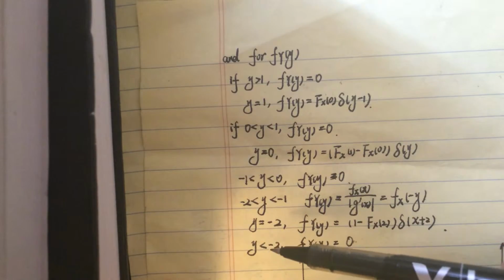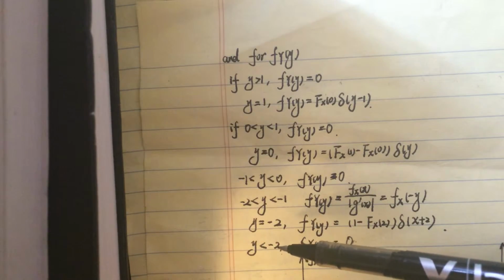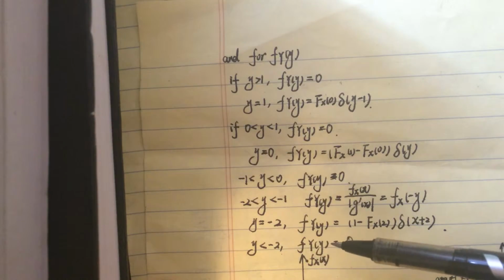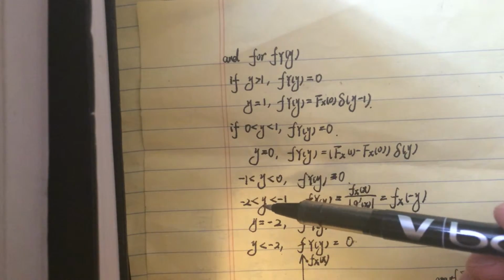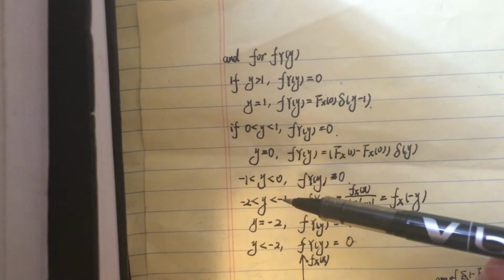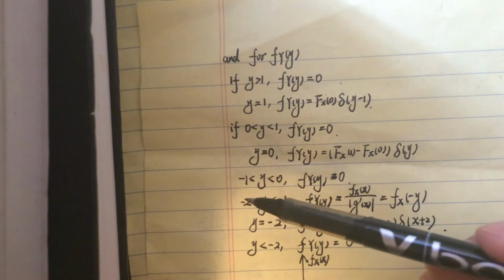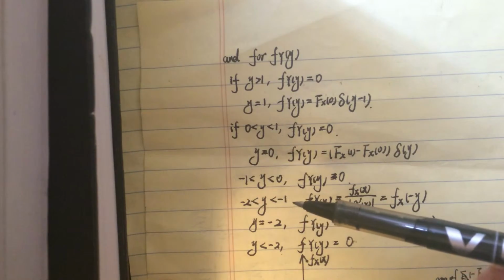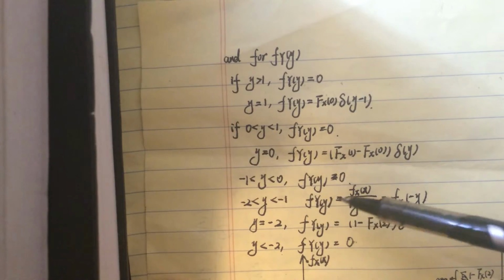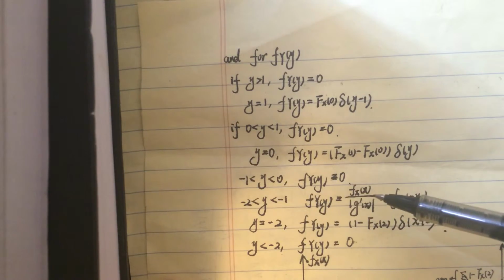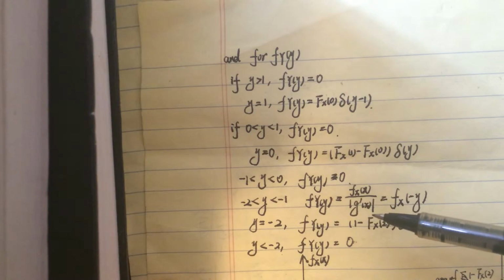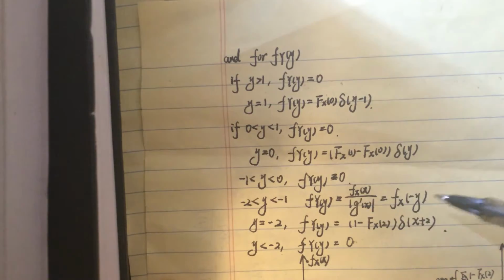And when y is smaller than minus 2, it will also be 0. And for y larger than minus 2 and smaller than minus 1, it will equal f_X over the magnitude of the derivative of g(x), and it is f_X of minus y.